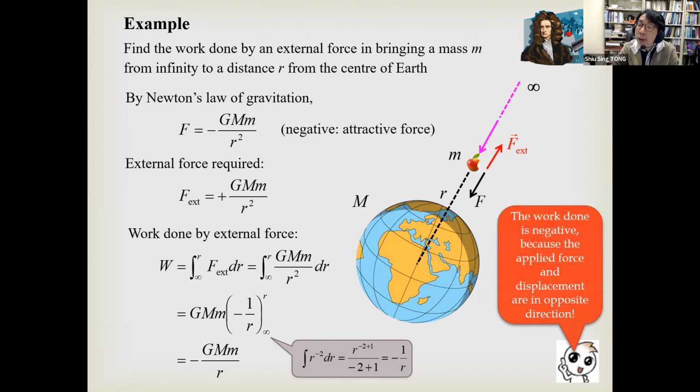And in that case, the work done is negative because F dot ds will give you a negative sign. You are applying a force on the body in the opposite direction to its direction of motion. So you get a negative work as a result. Okay.